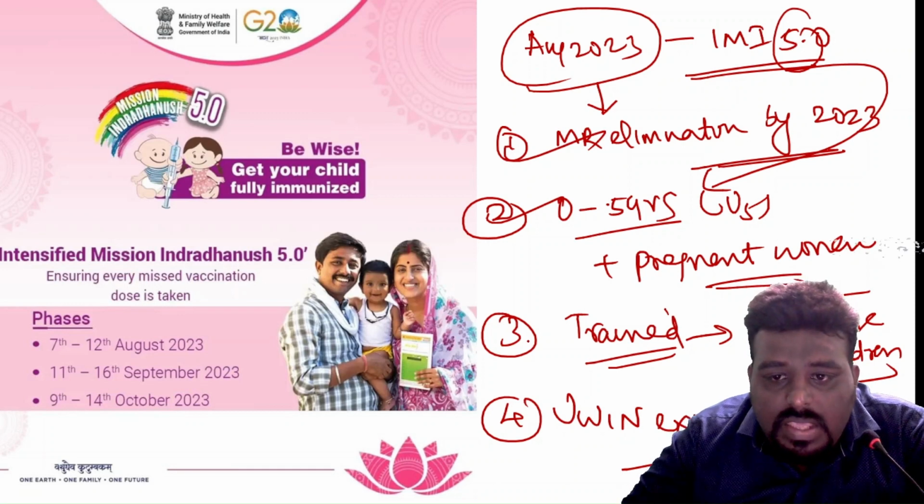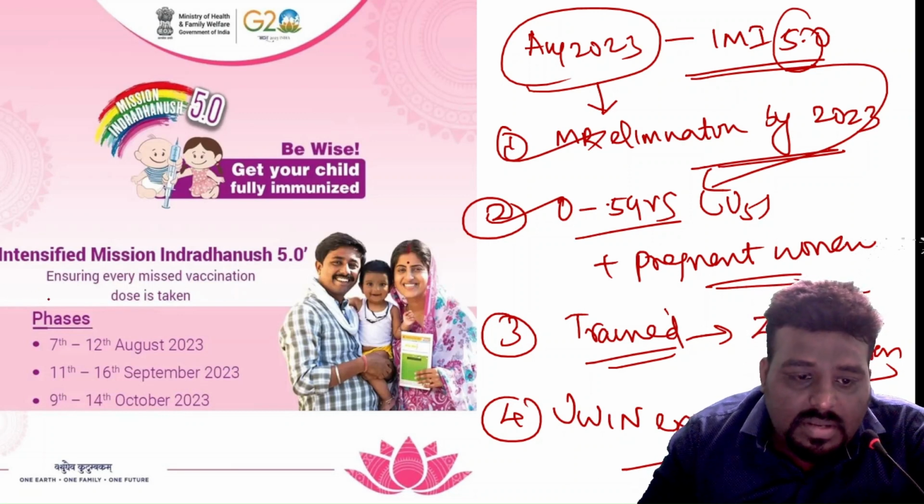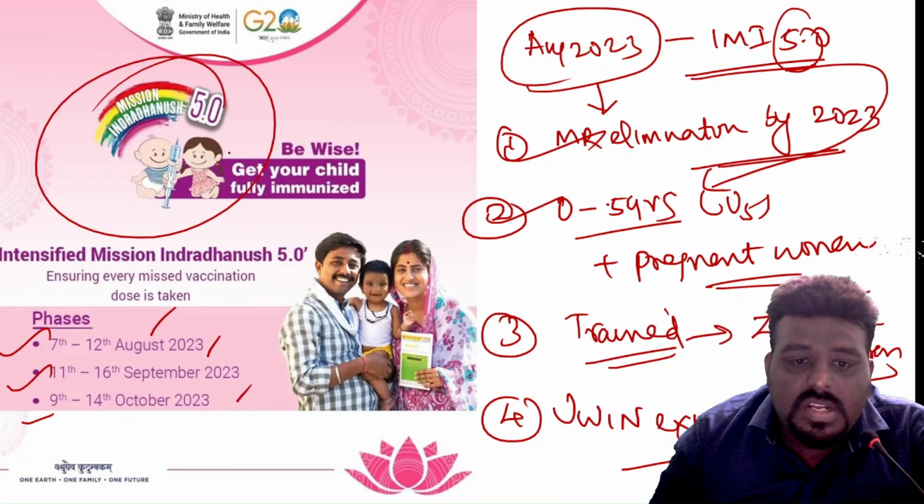These are the 4 changes made in IMI 5.0 when compared to 4.0, and it has been launched in three rounds: August, September, and October. This is the logo of Mission Indradhanush, and the theme is "Be wise, get your child fully immunized."